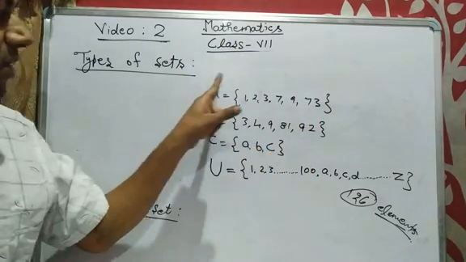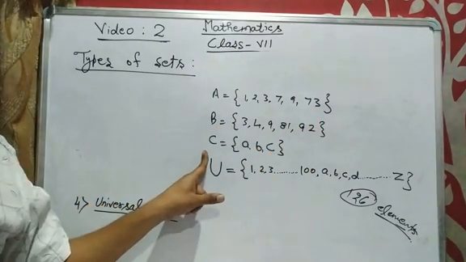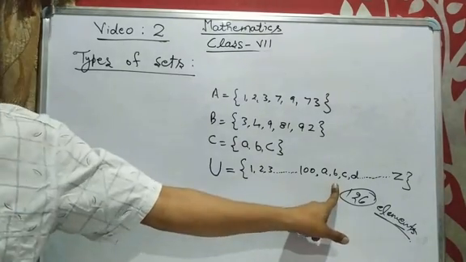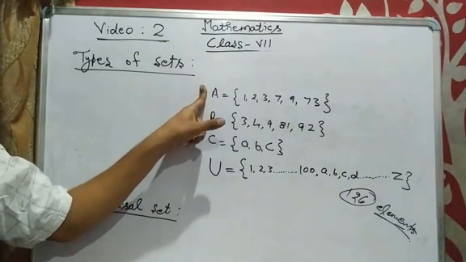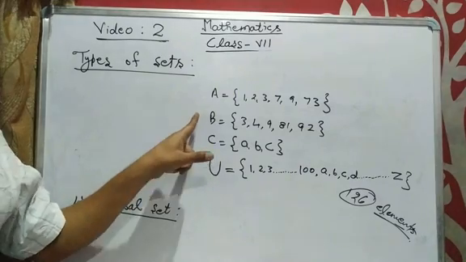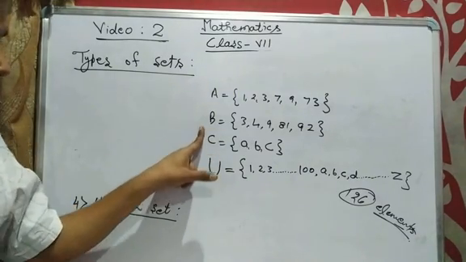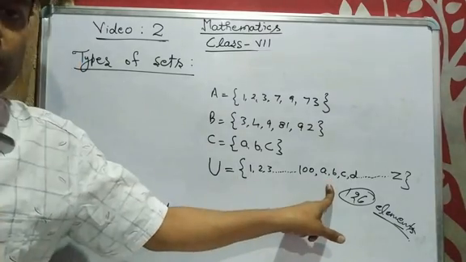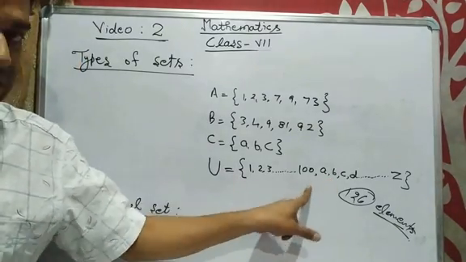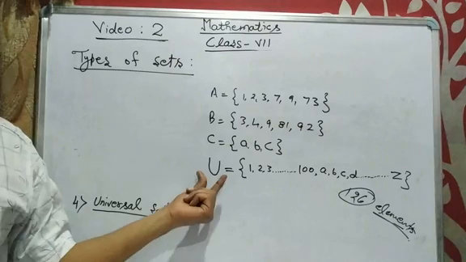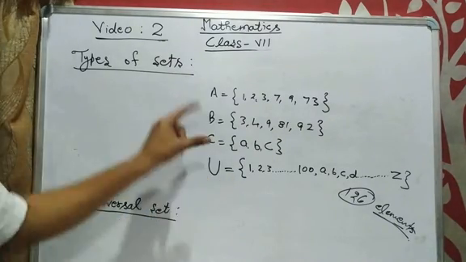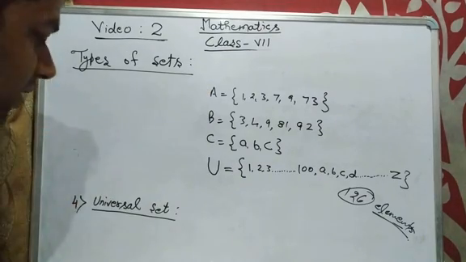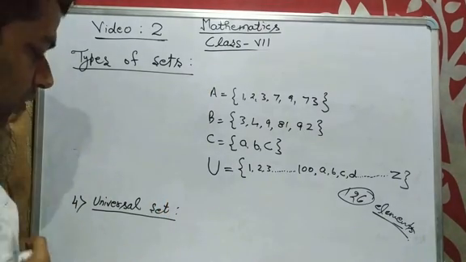No element from A, B, C is there which does not belong to U. That means all the elements of A as well as B as well as C, all the elements of the 3 sets, must belong to the universal set. So the universal set is the set where other sets can be considered. And this is the universal sign.